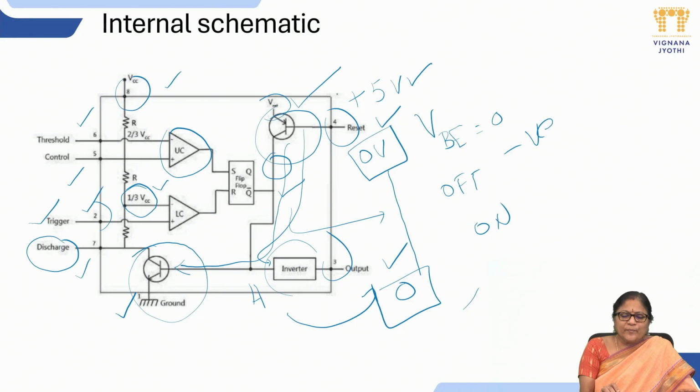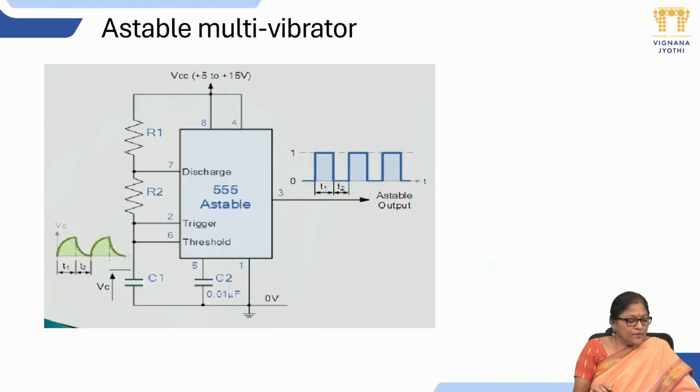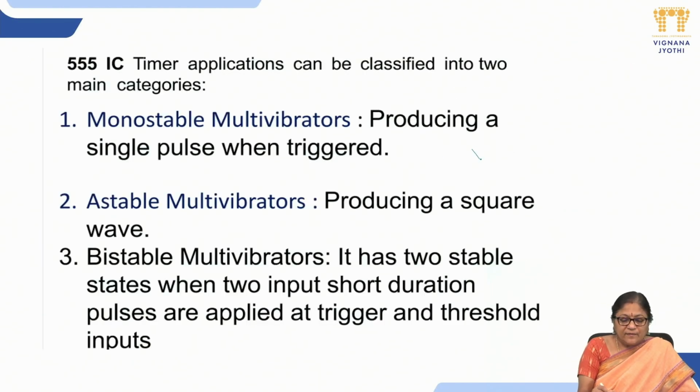Normally, for normal operation, the reset pin is tied directly to VCC so that we have normal operation based on the inputs we are providing at pin number 7, pin number 2, pin number 6, pin number 5 and so on. There are three modes I suggested: monostable, producing a single pulse when triggered; it produces a square wave when operated in astable multivibrator mode.